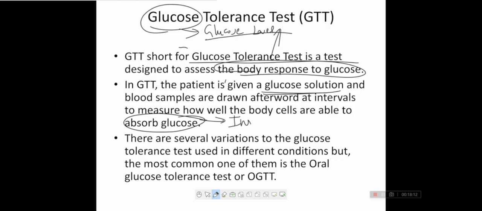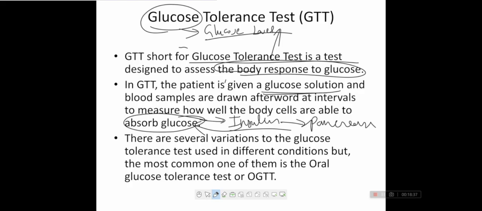With the help of an enzyme, that is insulin, right? That is secreted by the pancreas.